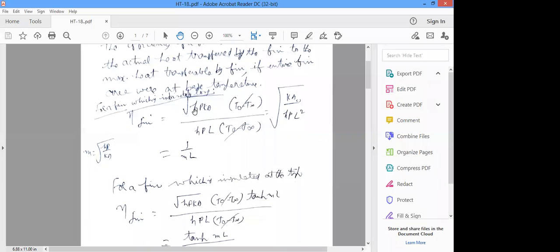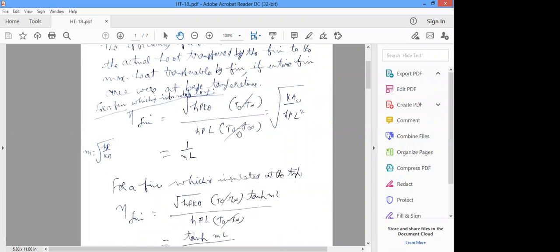Q fin is root HPKA into T naught minus T free stream, divided by, if the entire fin surface area is at the base temperature, the maximum heat transfer rate, that is the convective heat transfer rate. So h into surface area, perimeter into length, HPL, into T naught minus T free stream. The entire fin surface is at a base temperature of T naught.